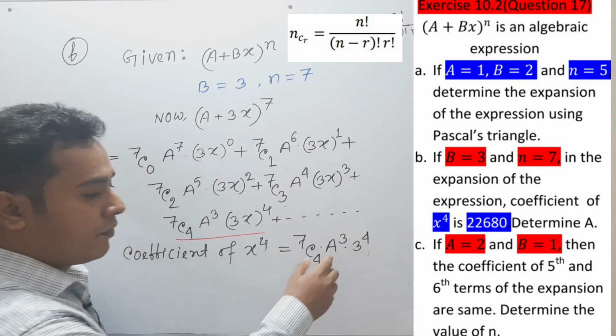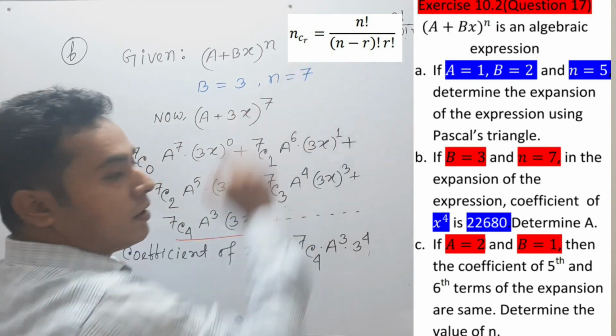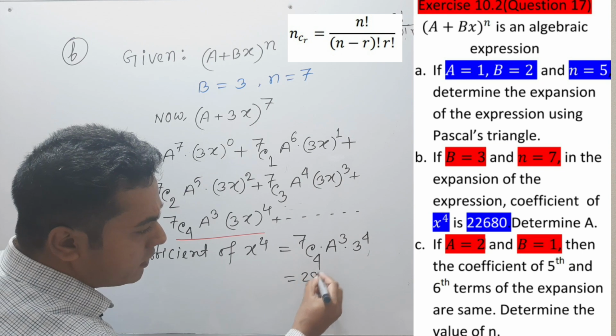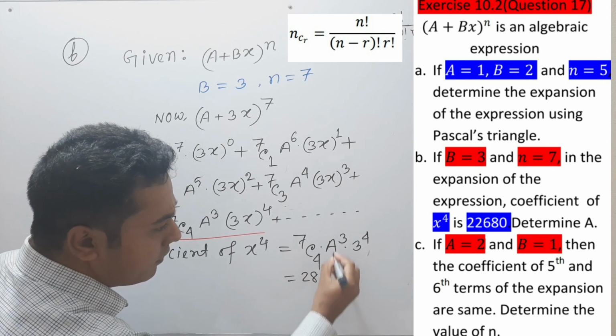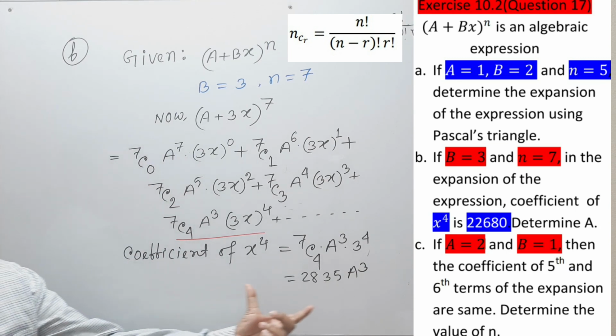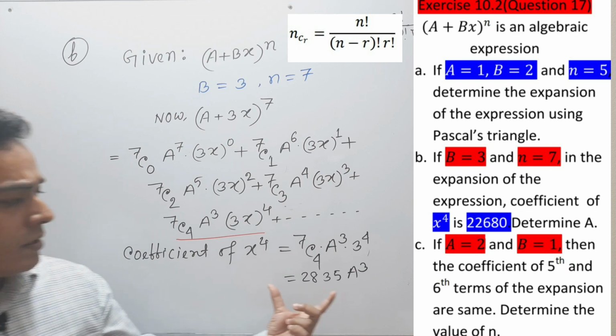You can use a calculator or the formula, and this is 2835 into a cubed. This is our coefficient of x to the power 4.